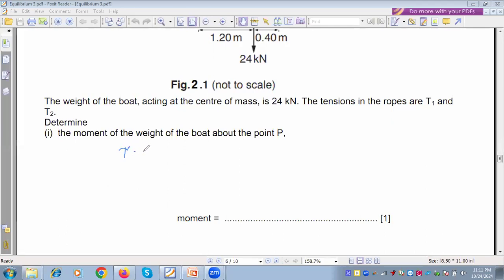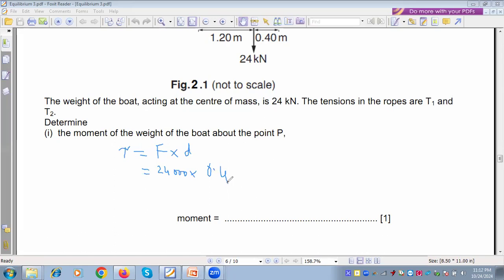Torque is equal to F into D, and this is 24,000 into 0.4.